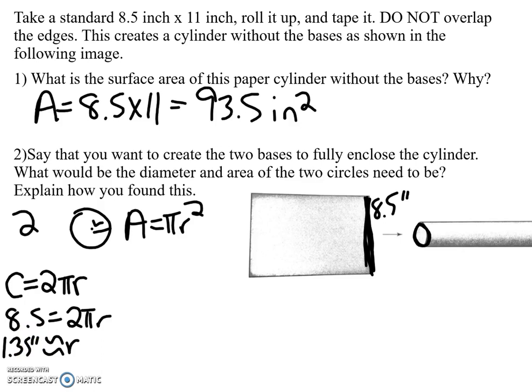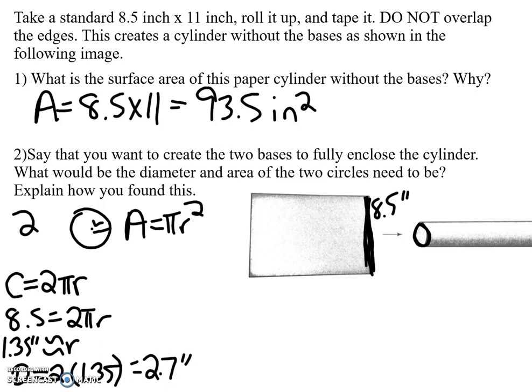So when I want to find the diameter, as it asks for the diameter and the area, I know then that the diameter would equal 2 times the 1.35 because 2 radii make up a diameter, which is about 2 7/10 inches.